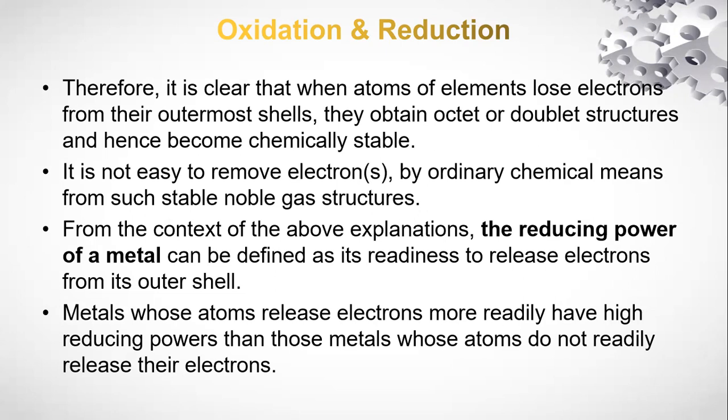It's not easy to remove electrons by ordinary chemical means from such stable structures. From the above explanations about the oxidation and reduction of the various elements, considering the use of electronic configuration, the reducing power of a metal can be defined by its readiness to release electrons from its outermost shell. Metals whose atoms release electrons more readily have higher reducing powers than those metals whose atoms do not readily release electrons.